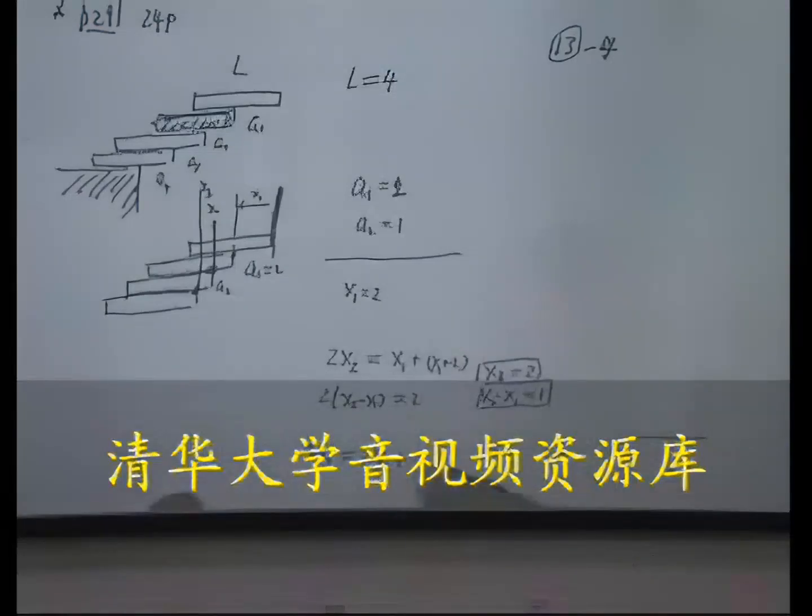The third one is at x2 plus 2, times 1. So if I do this, I get 3x3 minus x2 is equal to 2. So I get x3 minus x2 is equal to 2/3.